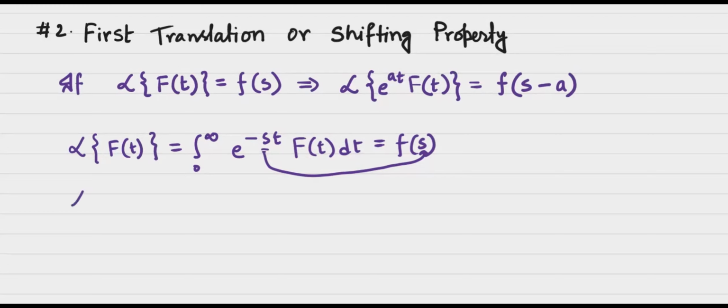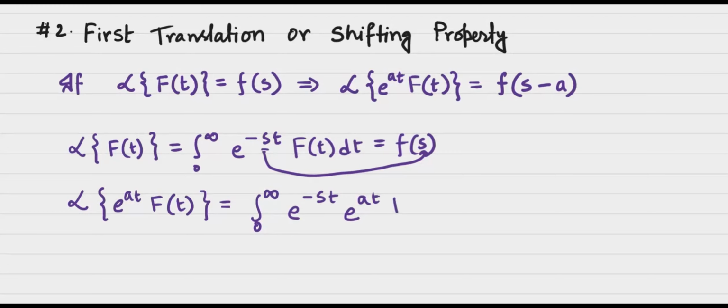So if we do have this function multiplied by e to the power at, where a is a number, then of course, as we can assume, everything is going to be the same. So we have integration from 0 to infinity e to the power negative st, but then we have this extra factor e to the power at, f of t dt.